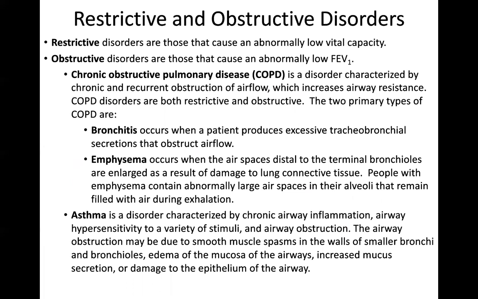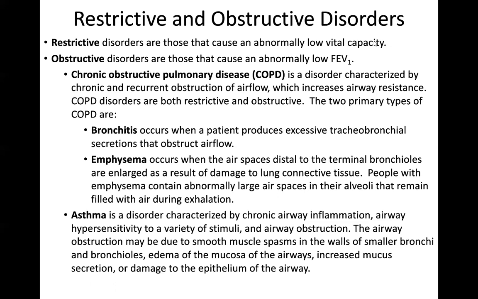COPD, short for chronic obstructive pulmonary disease, is a disorder characterized by chronic and recurrent obstruction of airflow, increasing airway resistance. So in other words, their airways are a little bit tighter and more narrow. And actually, people with COPD are not just obstructive. Those with it are going to be struggling with restrictive issues.